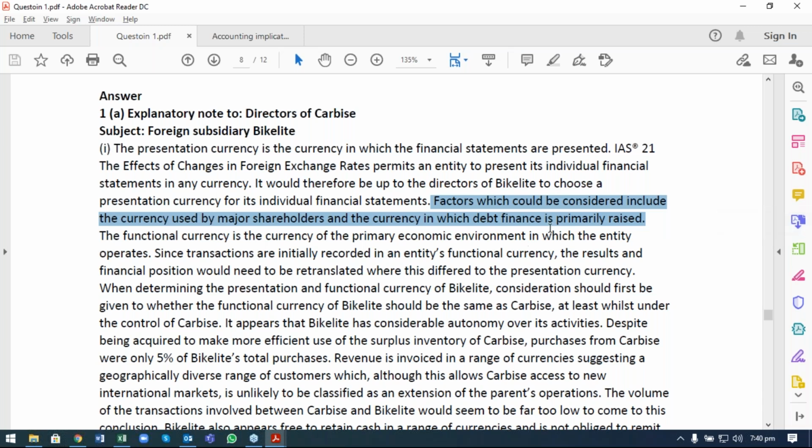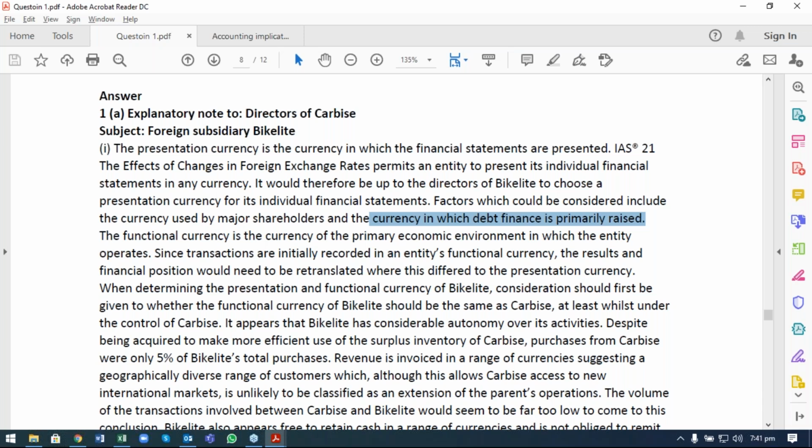Secondly, the company has raised its debt finance primarily in UK pounds, so it has to present its financial statements in UK pounds so that the debt providers, the loan note providers, the lenders to the company, can better understand the situation of the company. I hope you get a link between these two.